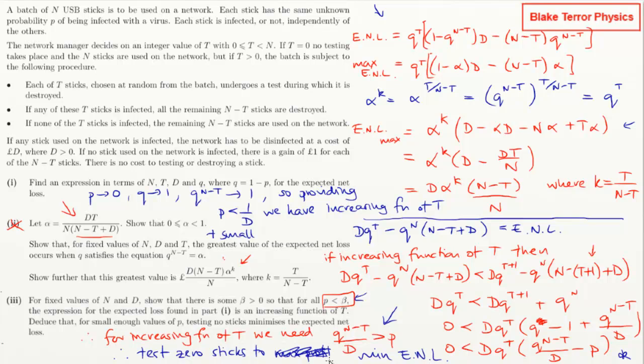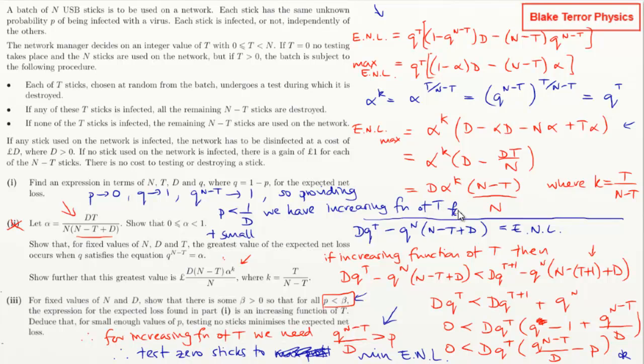But if we've got really small p, or a small enough value for p, then that means that we're keeping p small, q to the n minus t is close to 1. p just needs to be less than 1 over d, which is fine. And then we've got an increasing function of t regardless. Yes, that's probably the next bit I should put in: increasing function of t for all values of t.